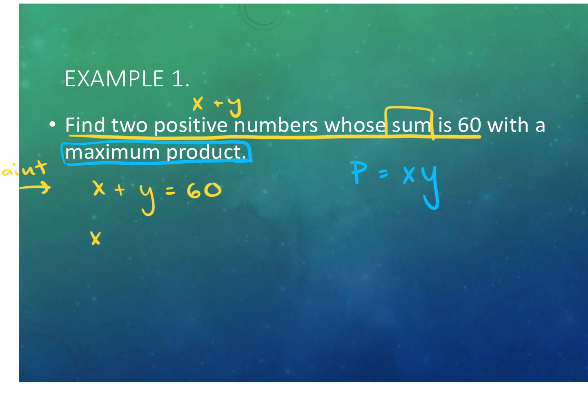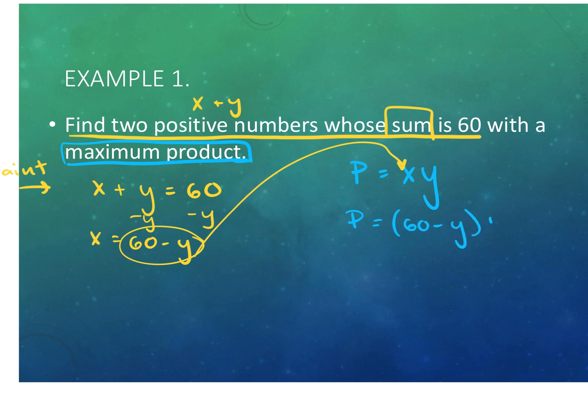So I'm just going to move the y to the other side, subtract y. We get x equals 60 minus y. So I'm going to take this 60 minus y and substitute it into the x. So now I'm going to say my product equals 60 minus y times y.